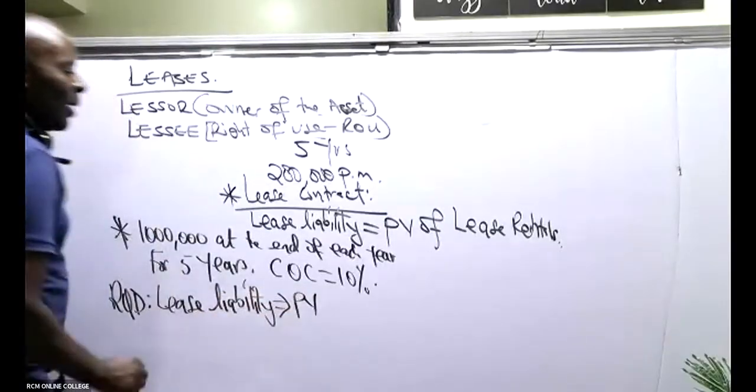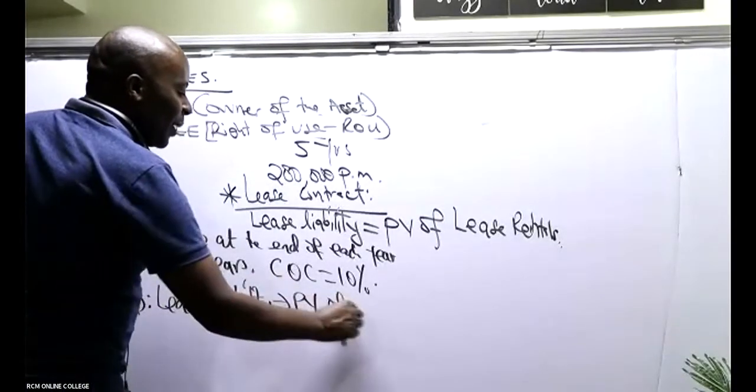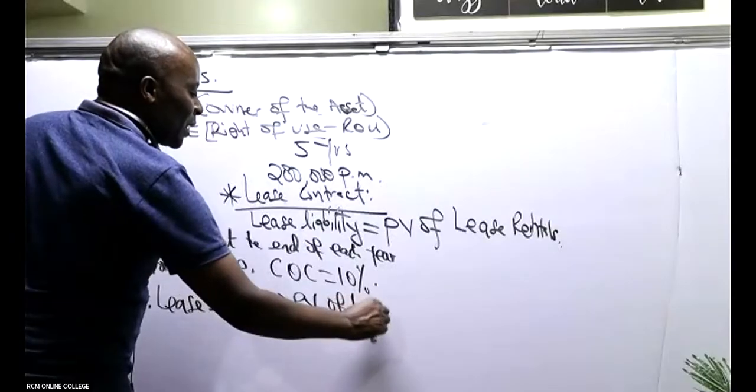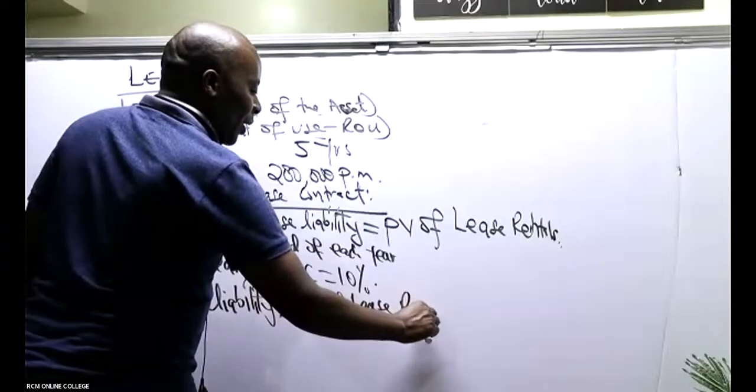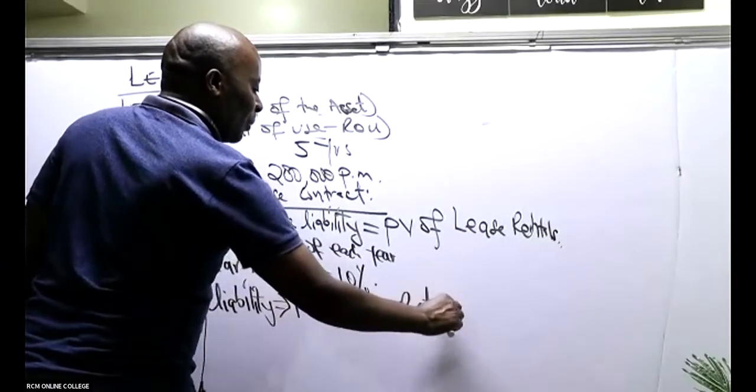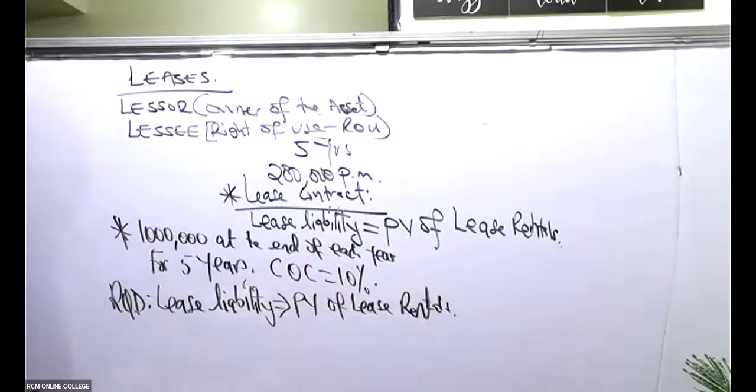Somebody should be able to come and give me the present value of these lease rentals. The present value of the lease rentals is automatically what is going to become my lease liability. Submit. Give me this value.